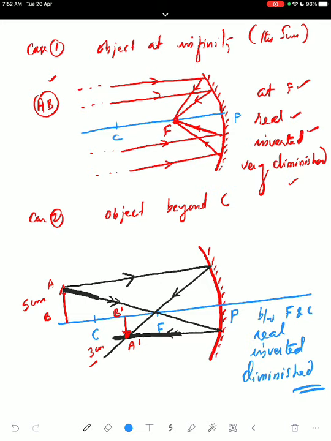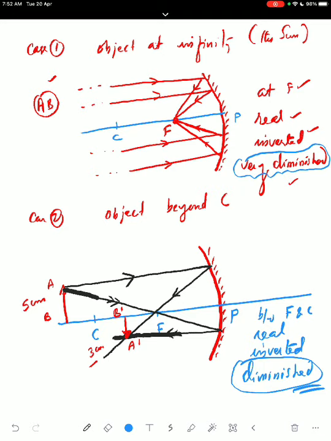So in these two cases, when the object is at infinity, we are getting a very diminished, point-sized image. If we come closer to the mirror, with the object beyond C, we are getting a diminished image. It is not very diminished, it is diminished. Again we are coming closer.